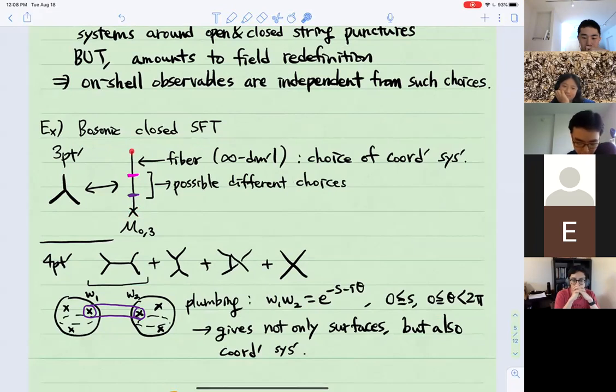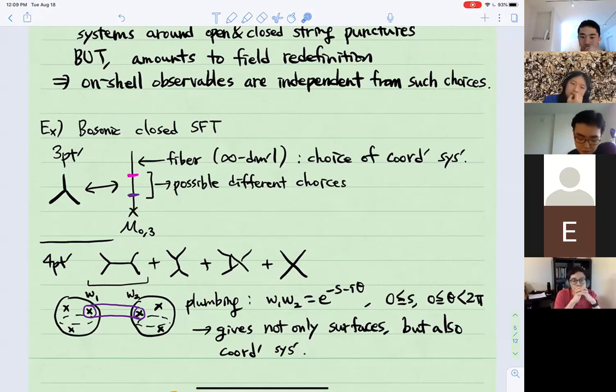And over that, we are going to draw a fiber. This fiber is infinite dimensional, and it stands for the choice of coordinate systems, modulo phase rotations, which I'm not going to talk about. So you might say, okay, I can choose this coordinatization versus some other coordinatization. You can choose whatever you want. They are related by field redefinition.